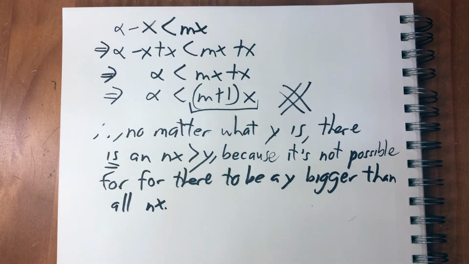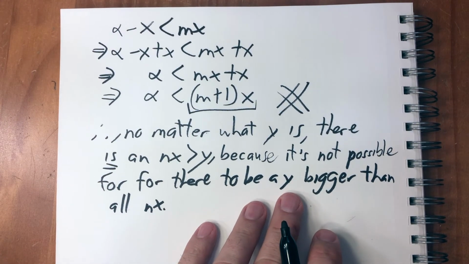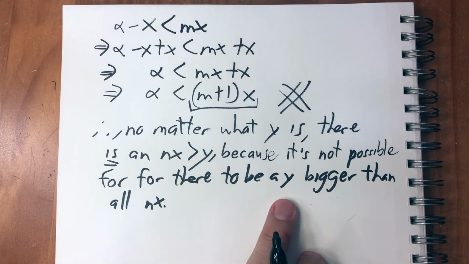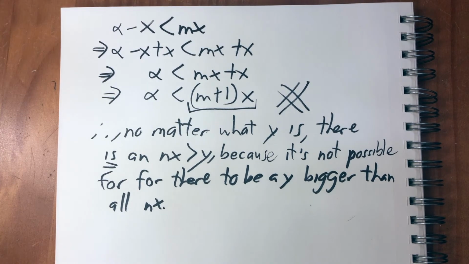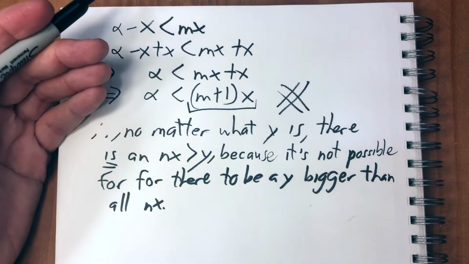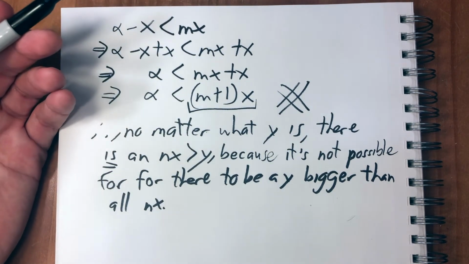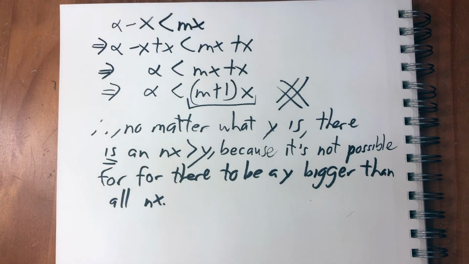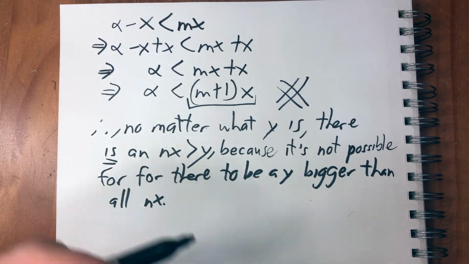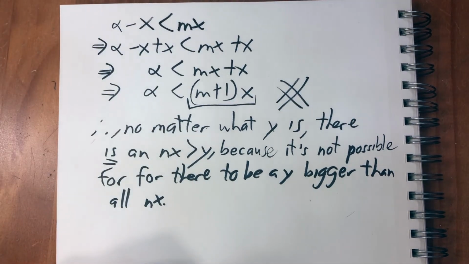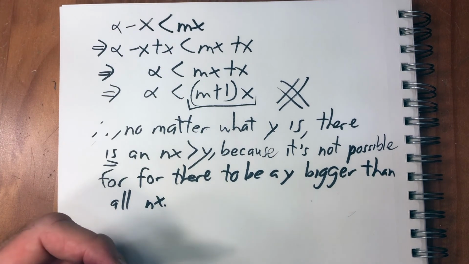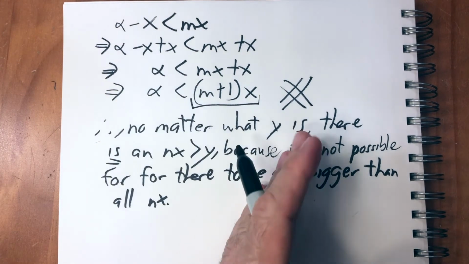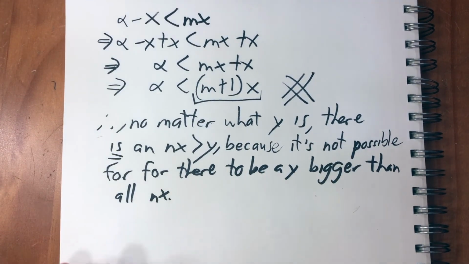What this means here is that this y is anything, no matter what it is. We started by assuming that y was an upper bound of A, but we just reached a contradiction. That means that y, no matter what you started with, cannot be an upper bound of A. So there has to be at least one element in A that is bigger than y, no matter what y is.